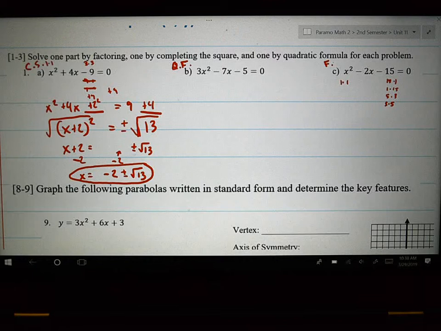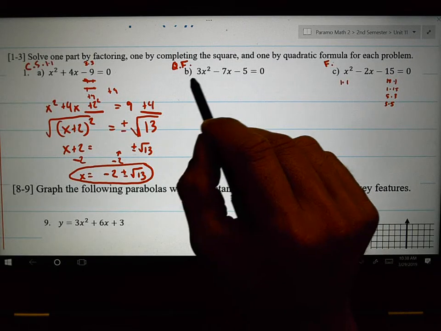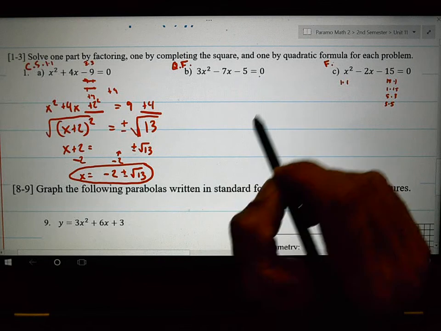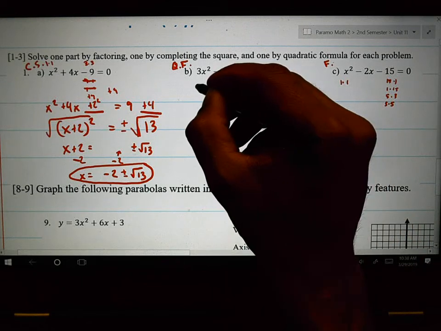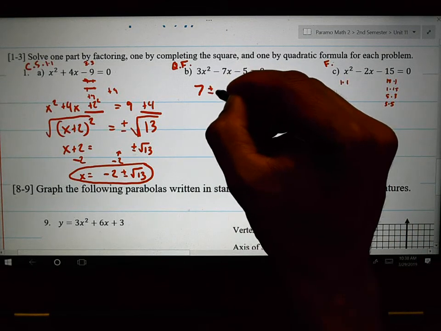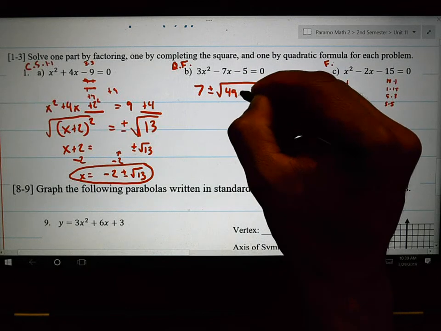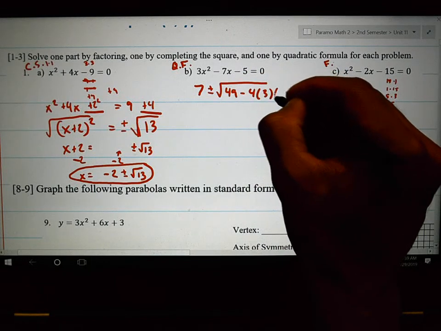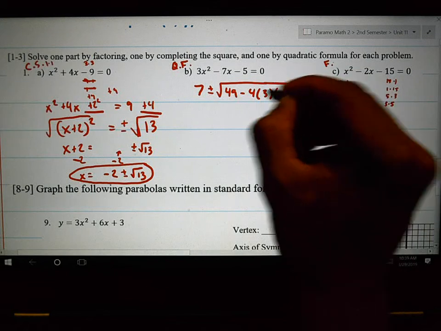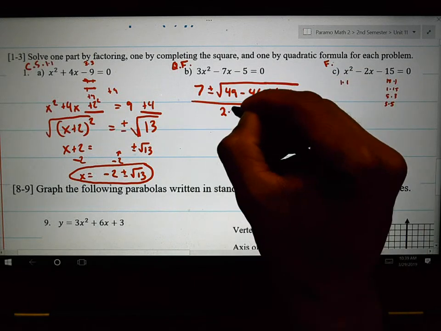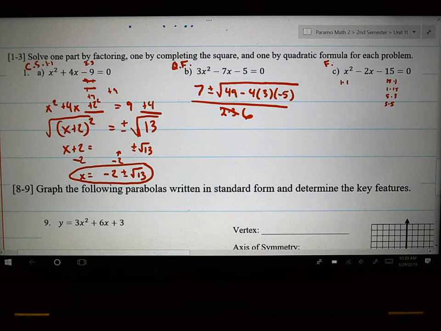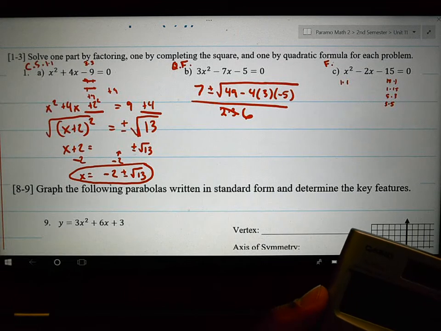The quadratic formula, though, we have to make sure it's in standard form equals 0. It does. Then we use opposite of b plus or minus radical b squared minus 4 times a times c, which is a negative 5, all over 2 times a, which is 6. That number's kind of big. So I'm going to figure out what 49 minus 4 times 3 times negative 5 is.